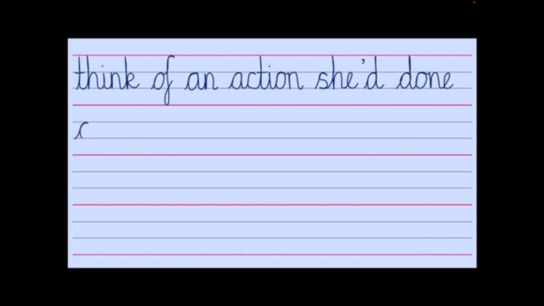Or a person she'd met. Person she'd met. So Shannon has got a strategy for not getting panicky over this piece of work.